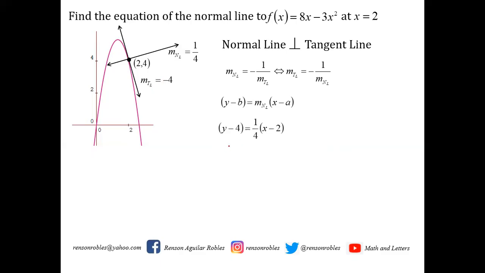So we shall have y minus 4 equals 1/4, that's the slope of the normal line, times x minus 2. And then multiplying each term by 4, we shall have 4y minus 16 equals x minus 2, or x minus 4y plus 14 equals 0 is the equation of the normal line.